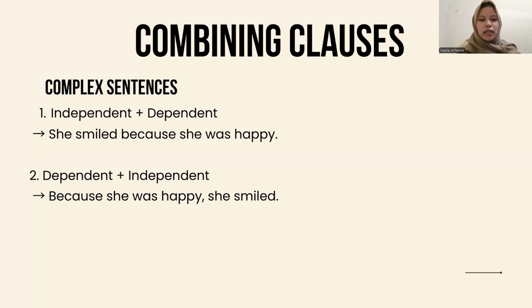For example, independent plus dependent: she smiled because she was happy. She smiled is independent, it has a subject and verb, and because she was happy is dependent. And next, dependent plus independent: because she was happy is dependent, and then she smiled is independent.